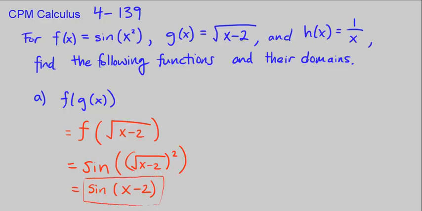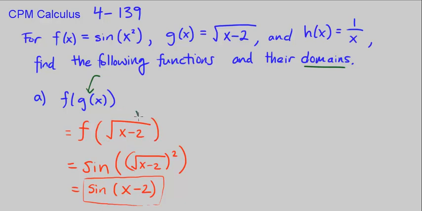But let's also talk about the domain. Remember, for composition of functions, the domain is restricted not only by the final function, but also by the input function, which is g of x here.